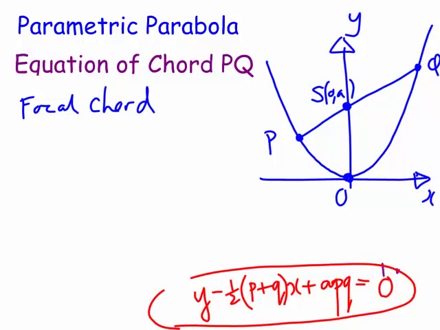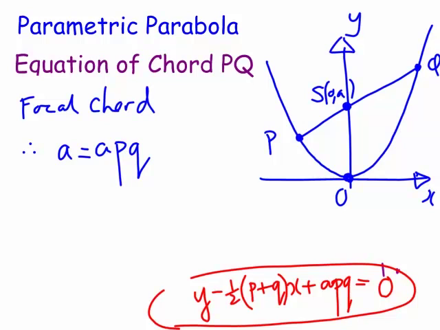Now x is 0, so y is equal to a. Perhaps we should rewrite that as a equals apq. Perhaps that's the easiest way of doing it, equals 0.